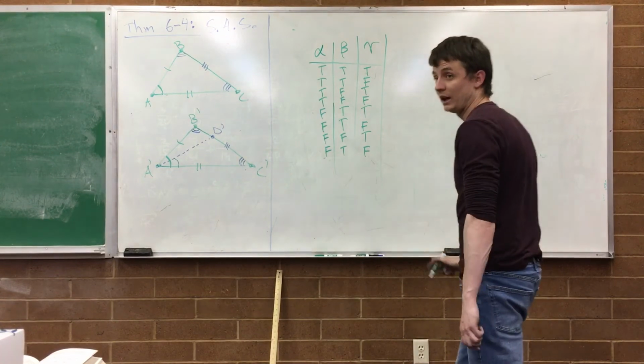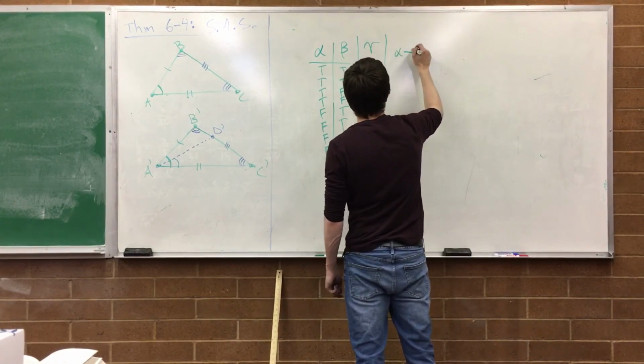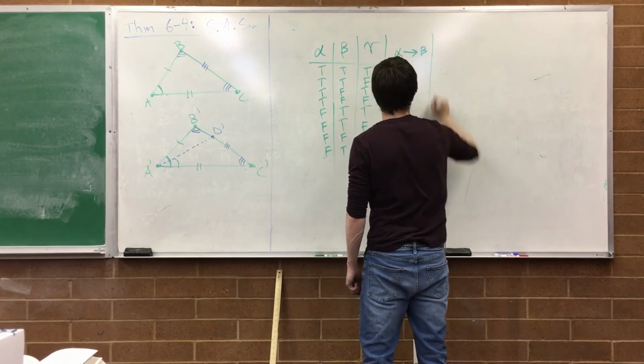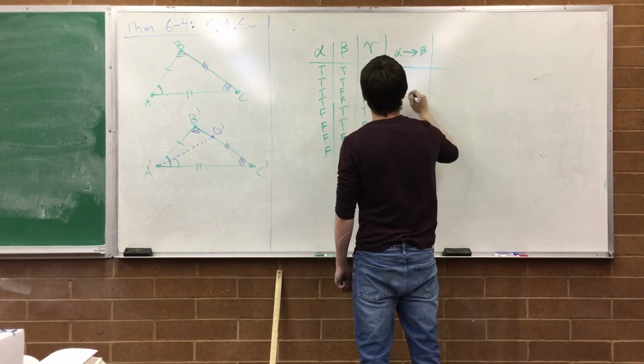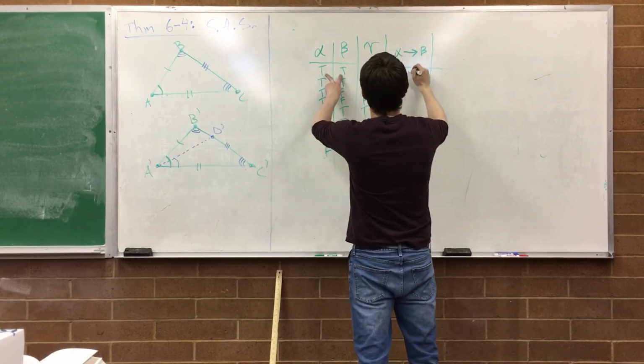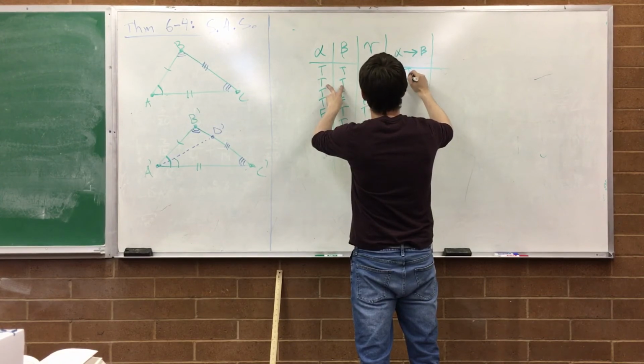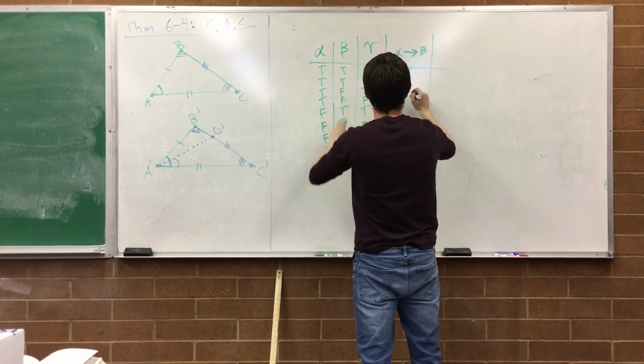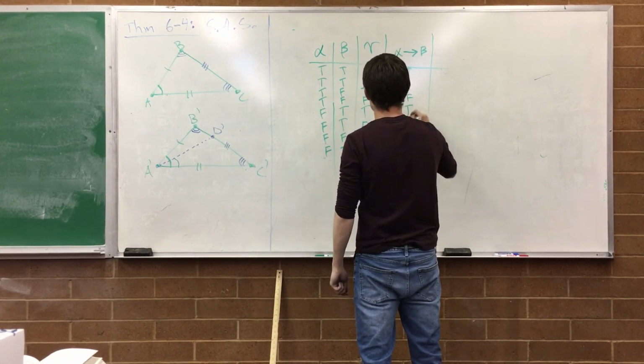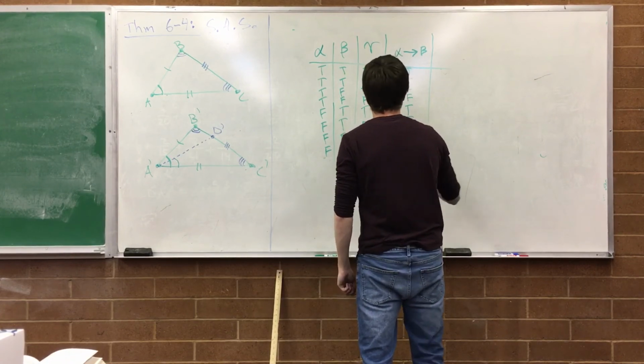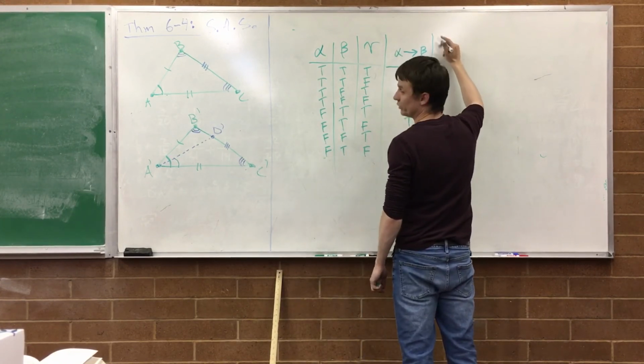Now, we were doing alpha implies beta. So alpha implies beta: true, true, false, false, true, true, true, true. And then we need, was it beta implies gamma?